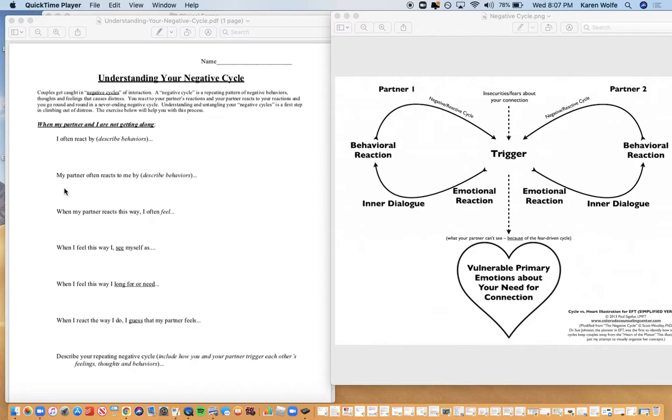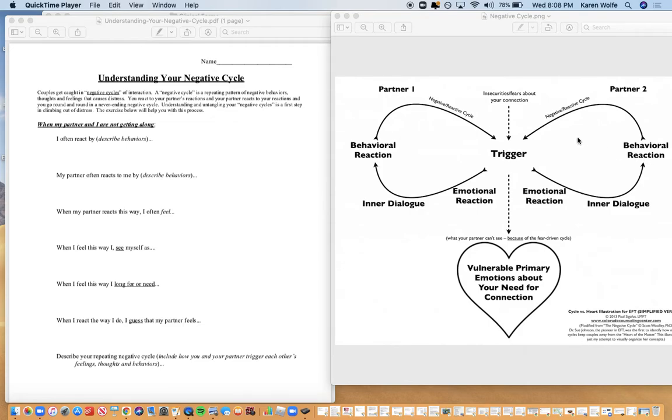Now, the key to this is once we've identified the cycle, and then over here we're also taking a guess at what our partner feels, right? So you're taking a guess at your partner's inner emotional reaction. When we can start to identify, okay, when this happens, when I see that look in your eye, I feel frustrated and angry and scared, and I tell myself I don't matter and you don't care, and I turn away.